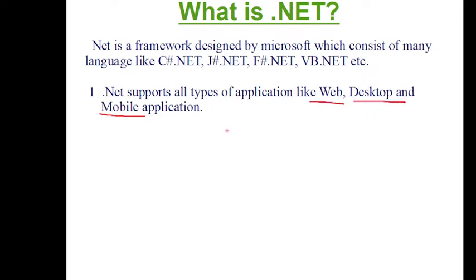And remember one thing, when Java and .NET came, only then did mobile applications become more popular. Previously it was not that common, and it was difficult to create. That's the advantage of .NET and Java, and that's why people are migrating to .NET and Java particularly.